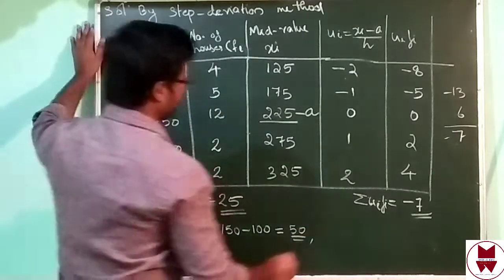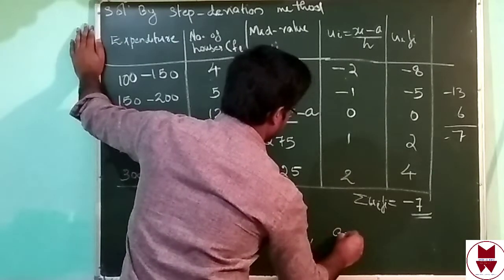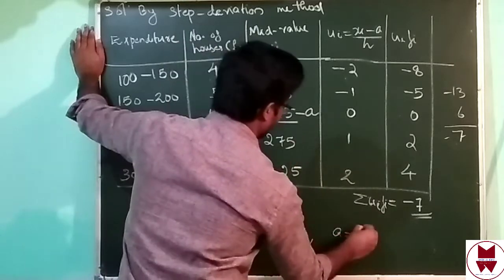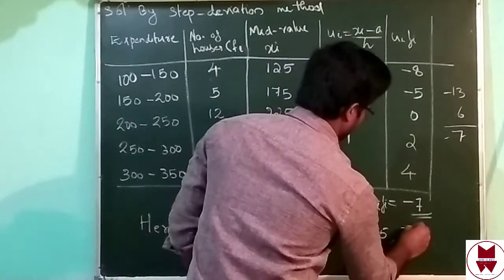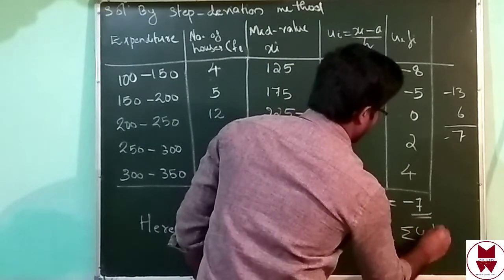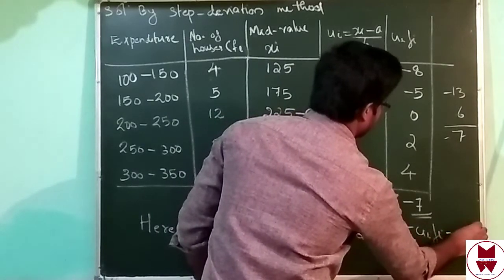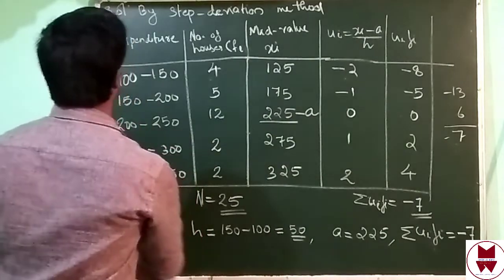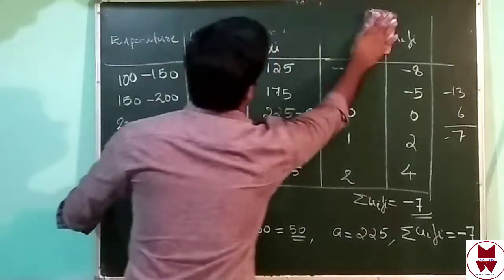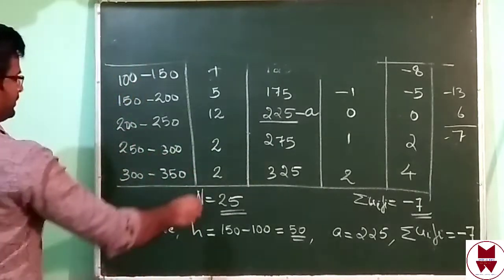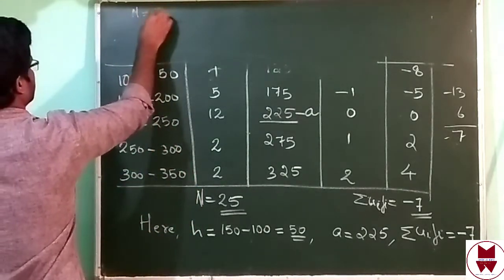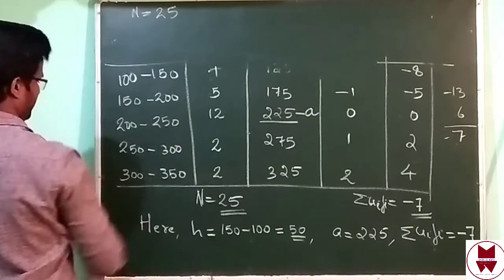Then a, we already took 225. Then sum of u_i f_i equal to minus 7. N equal to 25.